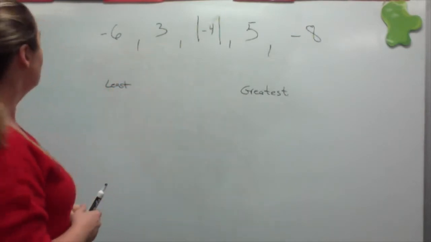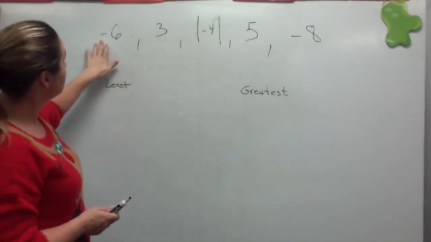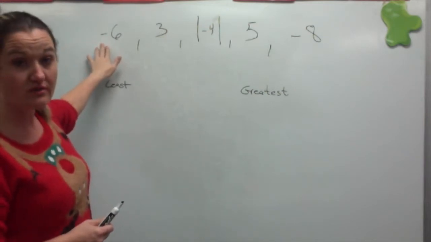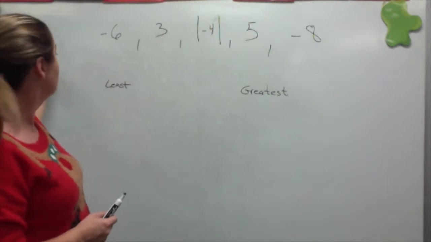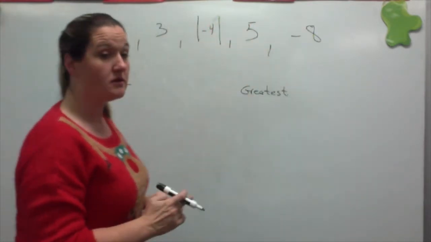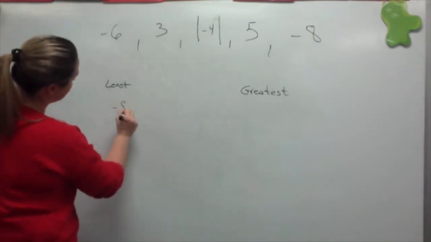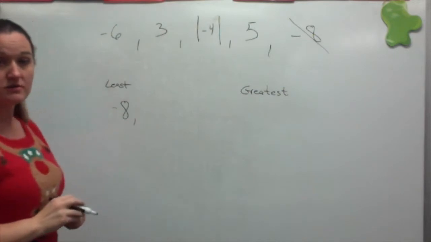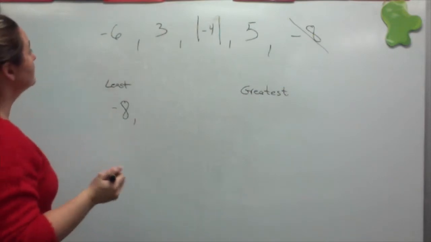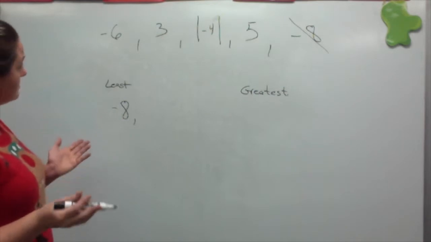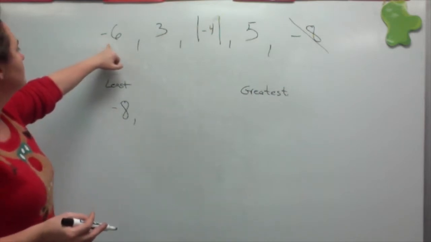Let's look at this least. Which number here is the furthest away from 0 on the negative side? Well, -8. -8 is the smallest number. Now that's gone. What's left, which number is the furthest away from 0? I've got a -6.